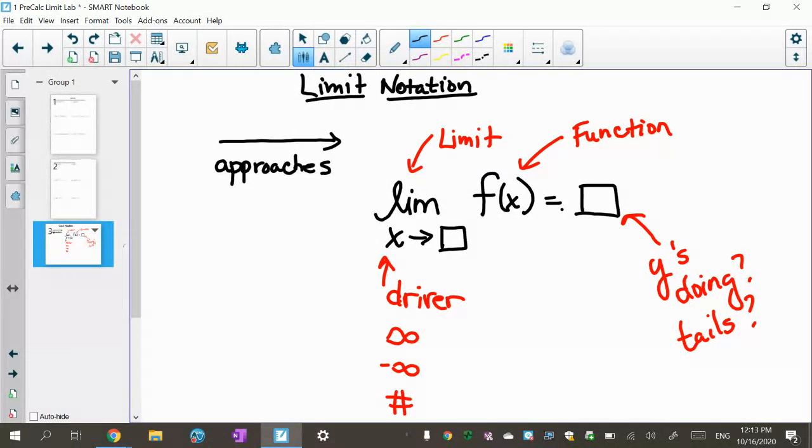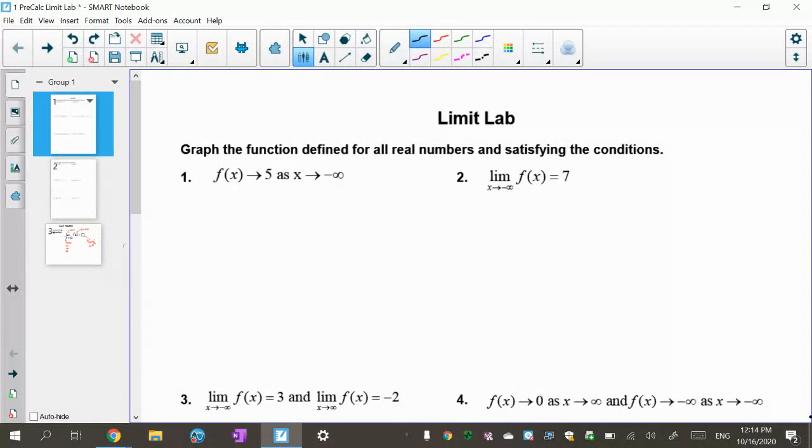So I wanted to show you a couple things, and we've talked about this with the tails of polynomial functions and rational functions. So we're going to just practice sketching a couple graphs and writing it in both notations. So here's the first one. This first one says, I have f of x is approaching 5 as x is approaching negative infinity.